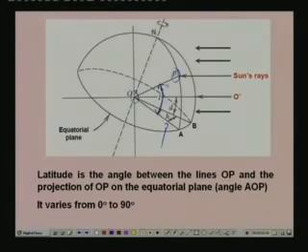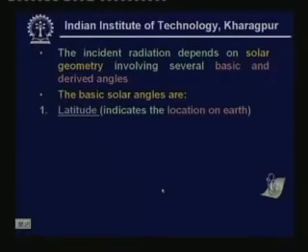As you know, the latitude varies from 0 degrees to 90 degrees. When is it 0? When the point P lies on the equatorial plane, obviously the latitude is 0. And when the point P lies on the pole, this angle becomes 90 degrees. So, this is how the latitude is defined, and latitude along with the longitude completely specify the location of any point on earth.